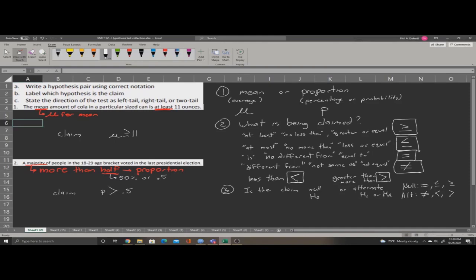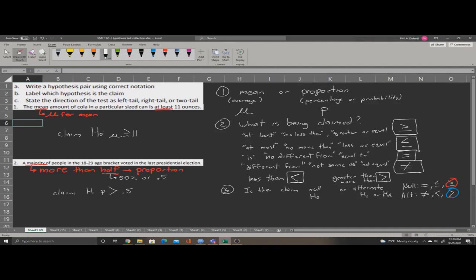In the first problem, we have greater than or equal to. That's located here, and that tells us that the claim is the null hypothesis, and we label it with H0. In the second problem, we have strictly greater than. Strictly greater than belongs to the alternate hypothesis, and so we write H1 next to this.